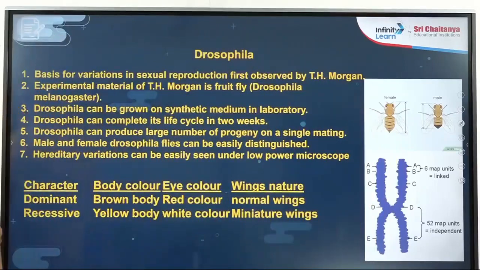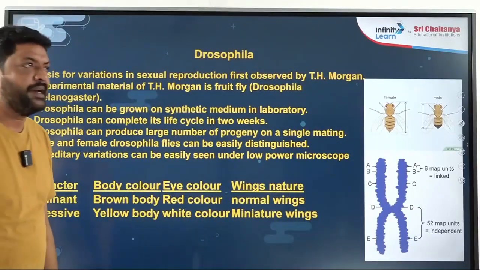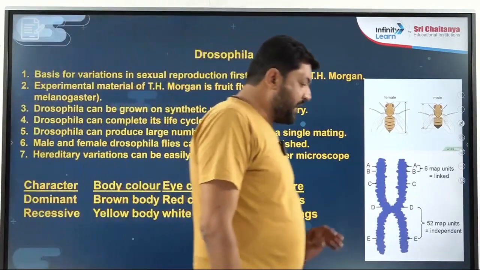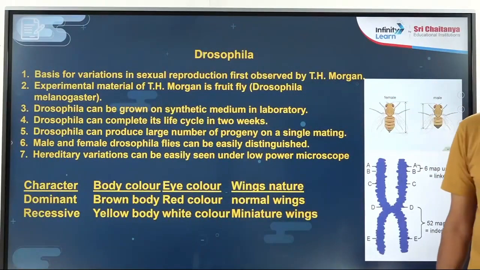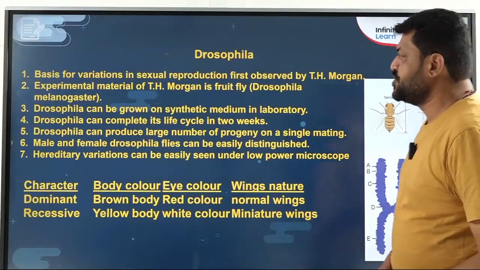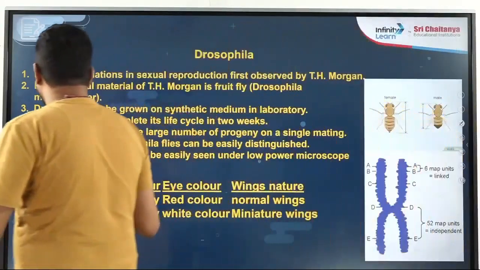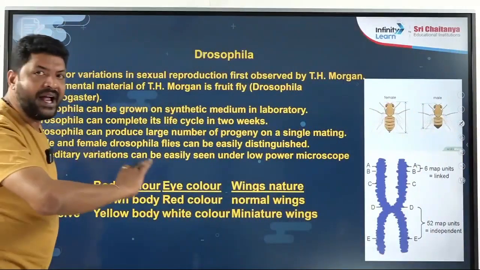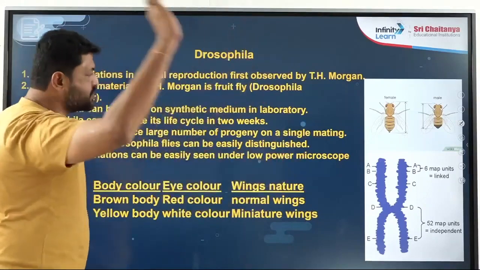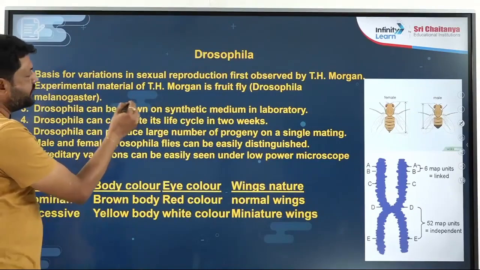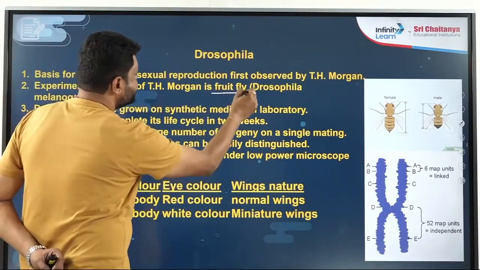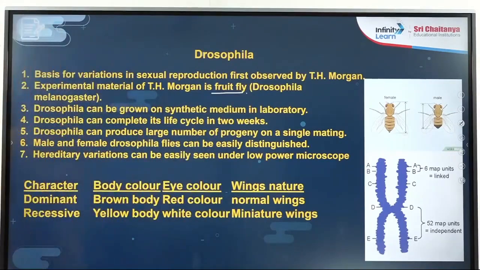If you want to do any experiment, particularly in genetics, that experimental material should have genetic variations. But all Ginkgo biloba plants in the entire world appear to be the same. So, the basis for variation: the experimental material of T.H. Morgan, the fruit fly, Drosophila melanogaster.